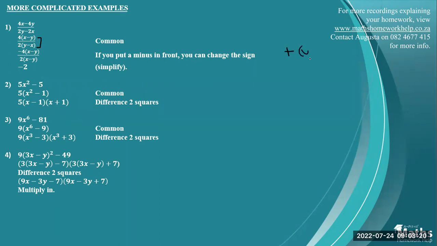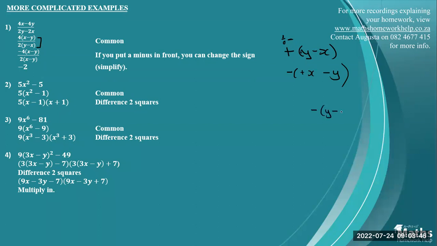Let's say that was y minus x. If I divide with a negative, the plus divided by negative is a negative, the plus y becomes a negative y, and the negative x becomes a plus x. So basically you just change the sign. If that was a plus, it would have become a negative.